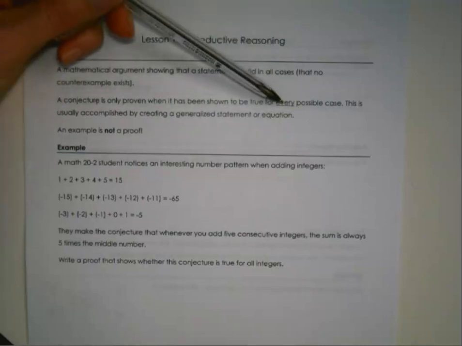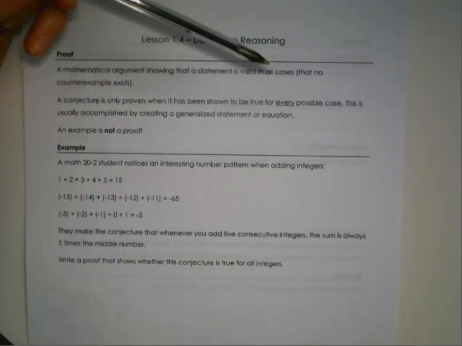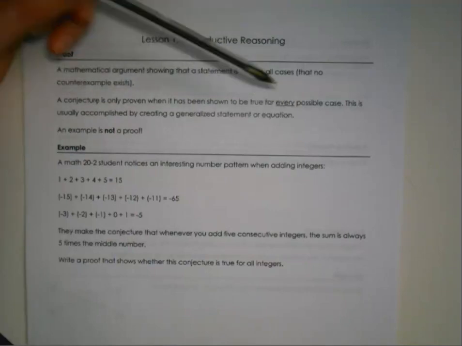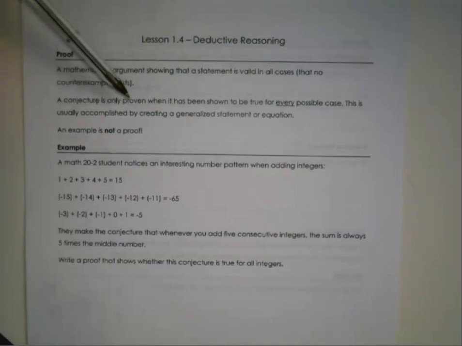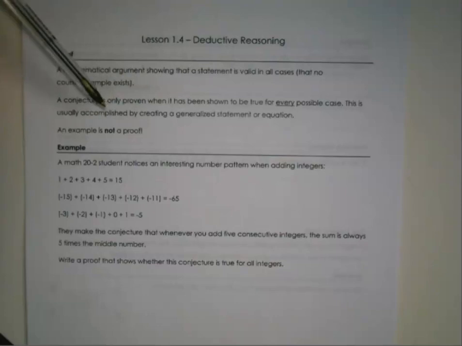If you remember, even one counterexample means the conjecture is false, right? So we have to know that in every possible case our conjecture holds and that there's no counterexample if we want to say it's true.